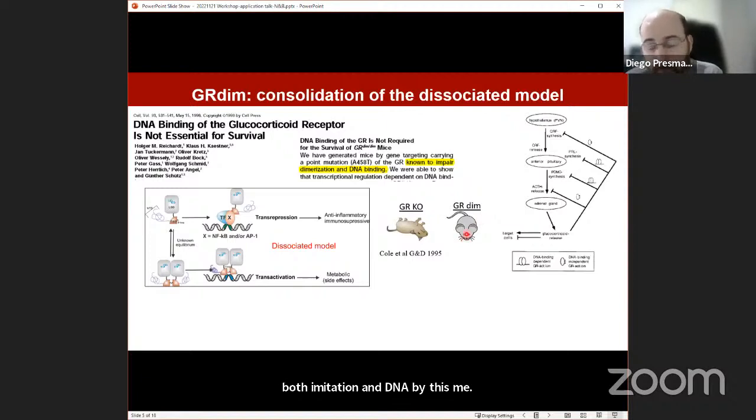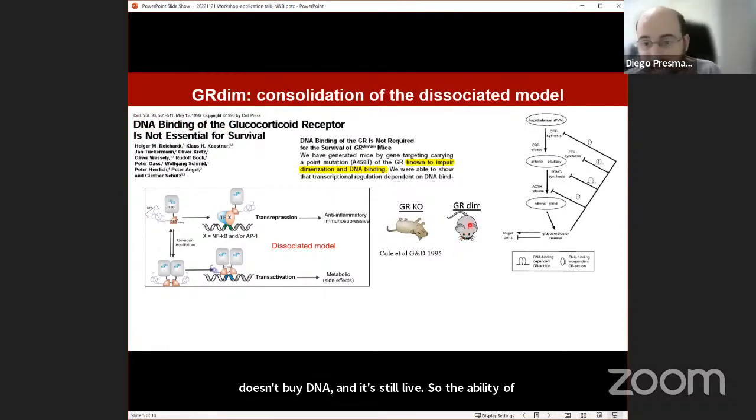And they were mostly still doing this anti-inflammatory action, and they had few of these metabolic effects. So this huge result actually gave rise to the name of the paper, right? Because if we have a mutant that doesn't bind DNA, and it still lives, then the ability of GR to bind DNA was not essential for survival, okay?